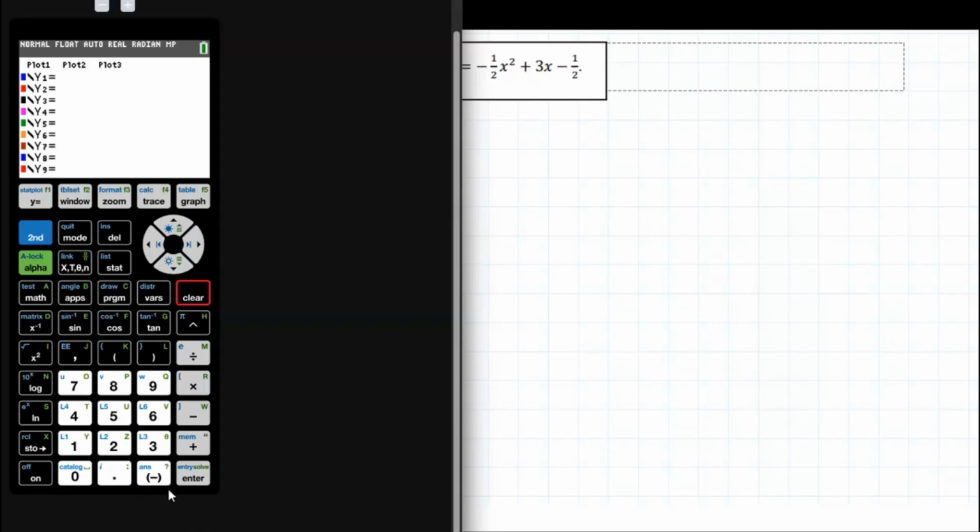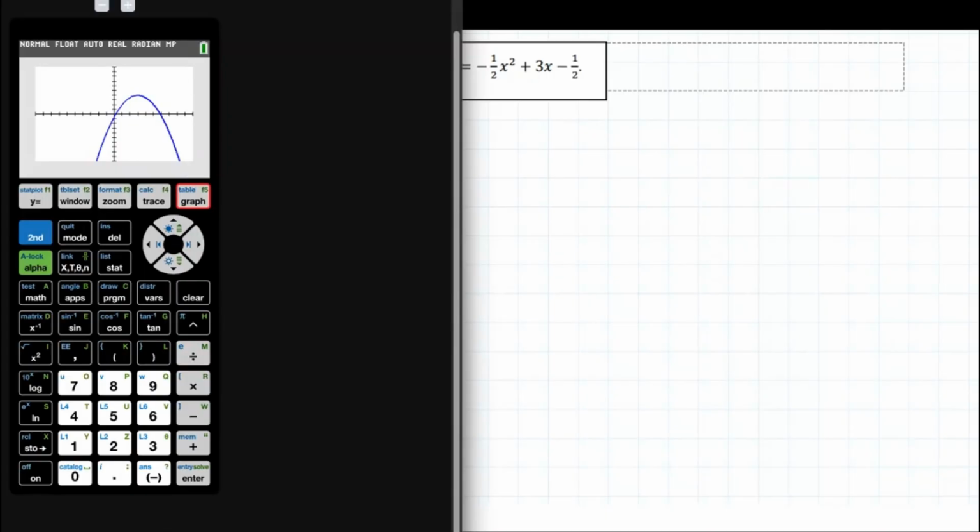So y equals parenthesis negative 1/2 times x squared plus 3 times x minus 1/2. When you graph this, it is a parabola.